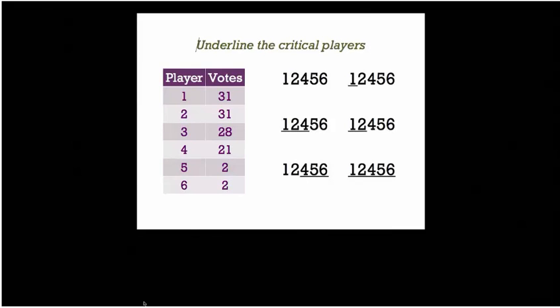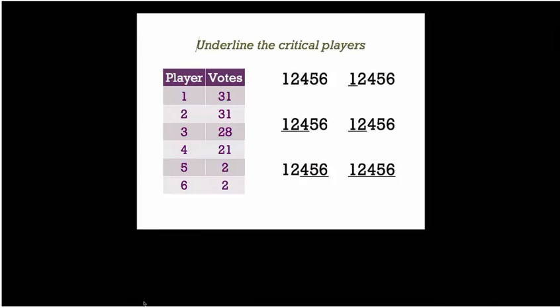When player 1 is in the coalition, the total number of votes is 87. You should verify that. So add up all the votes except those of player 3. You will get 87. If you remove player 1, that takes away 31 of those 87, leaving you with 56 votes. And 56 is not quite good enough. It's less than the quota. So that becomes a losing coalition if you remove player 1. Therefore, player 1 is critical and should be underlined.